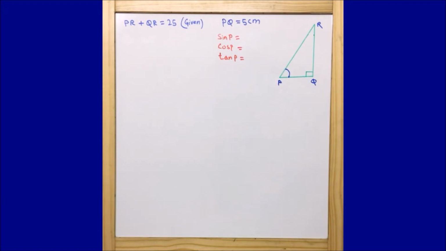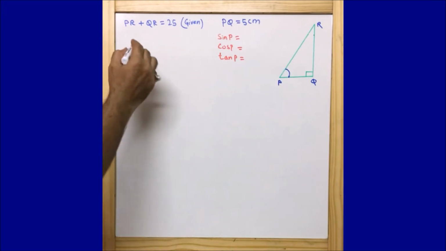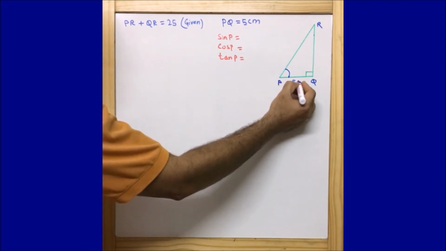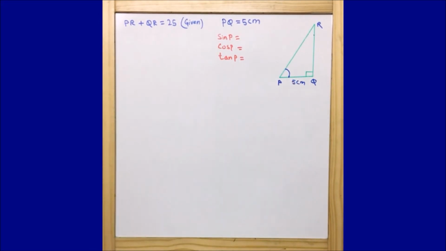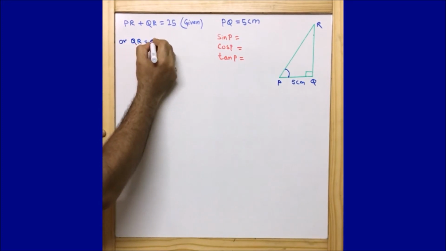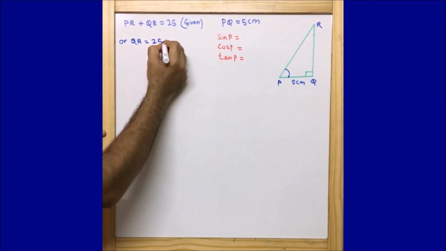So it is given that PR plus QR is equal to 25 centimeter and PQ is equal to 5 centimeter. Let me write down this one as 5 centimeter. Now PR plus QR is equal to 25 centimeter, or I can write QR is equal to 25 minus PR.